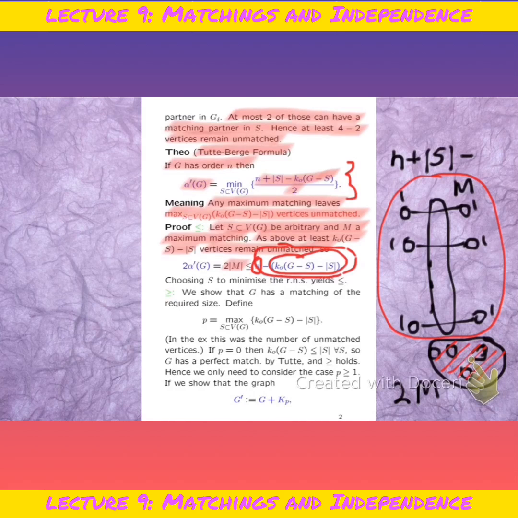We make it as small as possible by minimizing that value, and we get that by maximizing that, choosing the S that maximizes that. And the S that's going to maximize that is going to minimize this. Right, so that yields the upper bound.